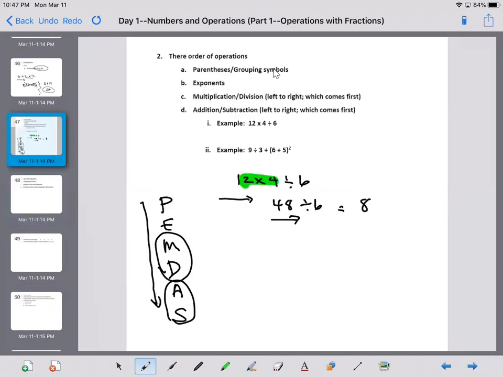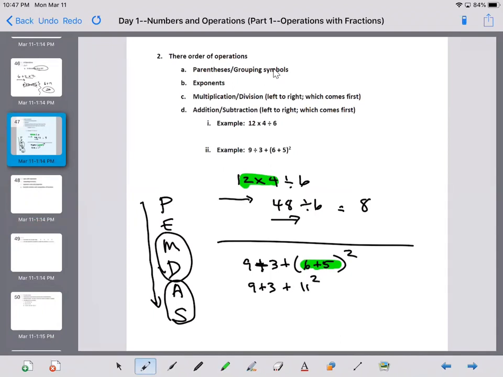Our second example, 9 divided by 3 plus 6 plus 5 in parentheses squared. So I would start with the parentheses. And so I'm just going to rewrite my work. And so that's going to be 11. So I'll have 11 squared. And then I look left to right again.